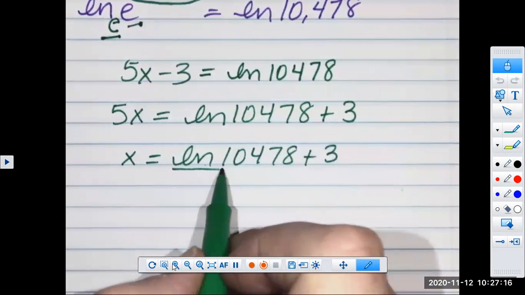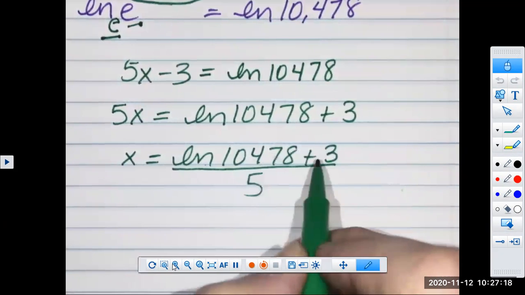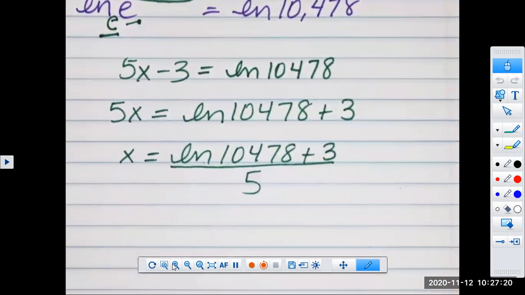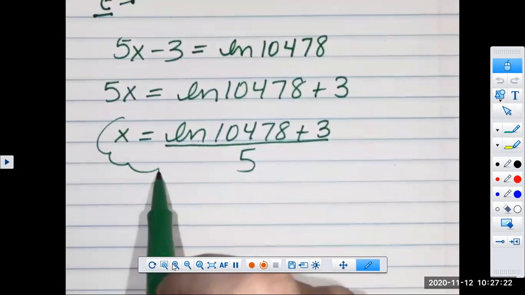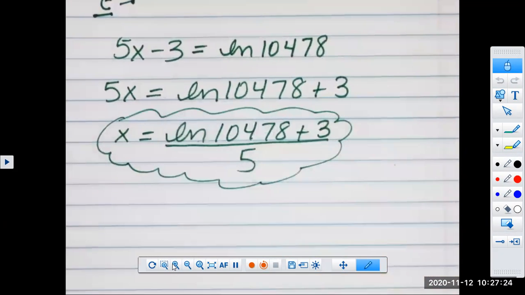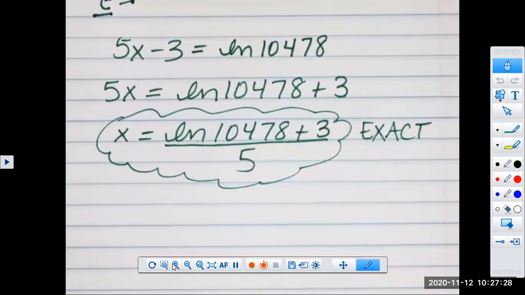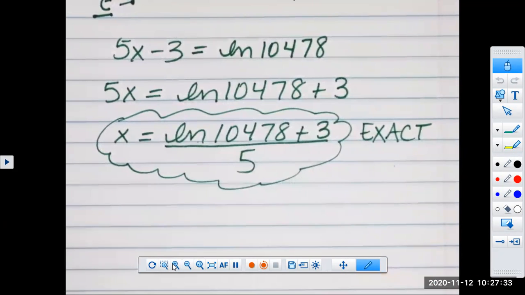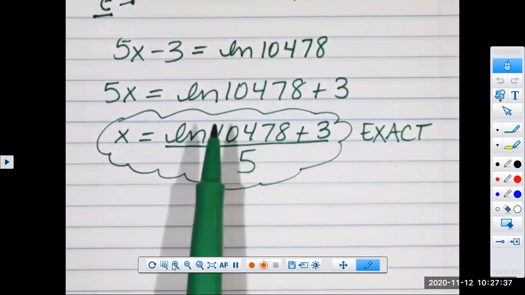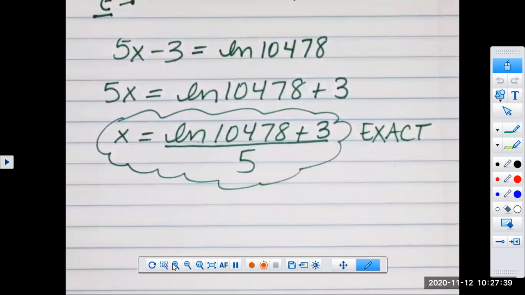And make sure you divide all of this by 5 or each term by 5. Either way you want to do it. This is the answer in exact form. We isolated x. We left everything exact. There's nothing that you can simplify any further on this side. Of course, if you could combine any like terms, you would do that, but you can't.